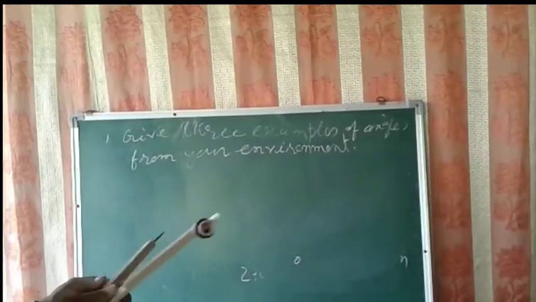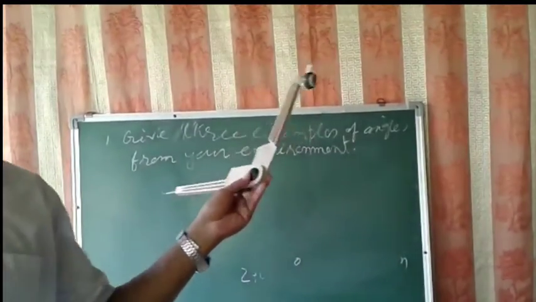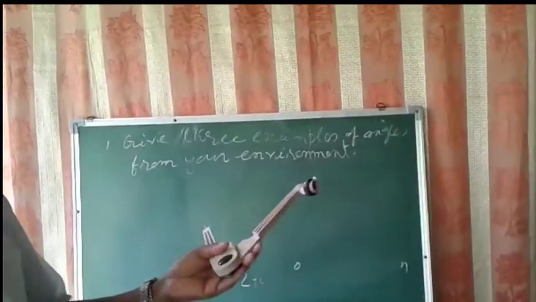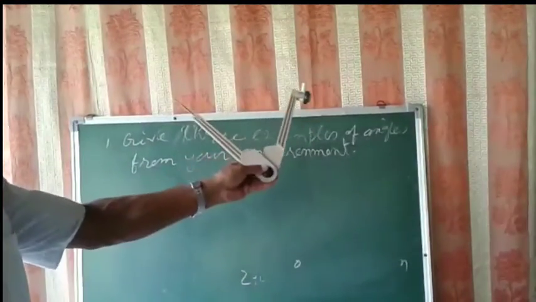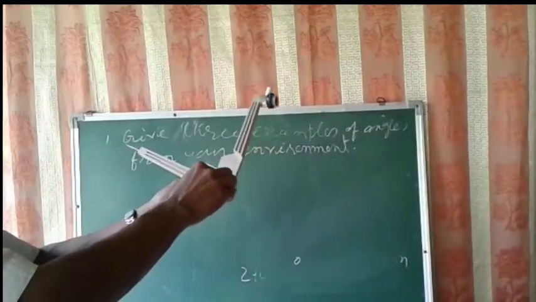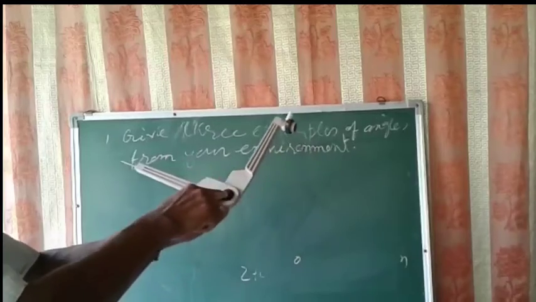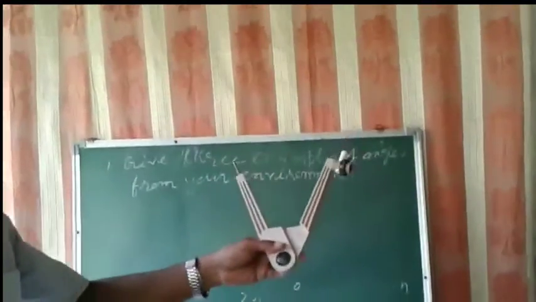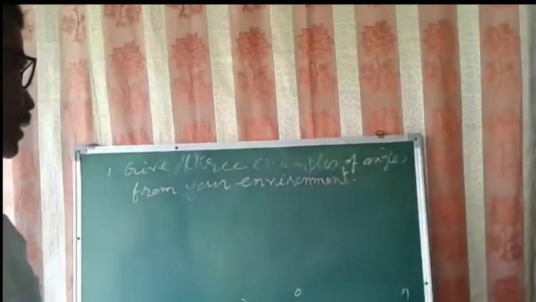So this is the pencil compass. Just like this, there is a divider, because it forms an angle, because these arms are fixed here at this knob, therefore this makes an angle. So the divider is an example of an angle.